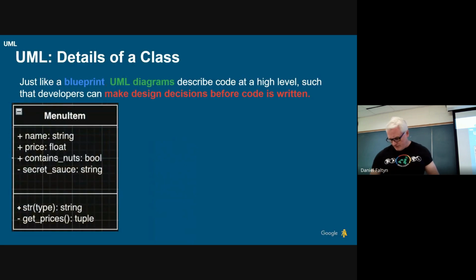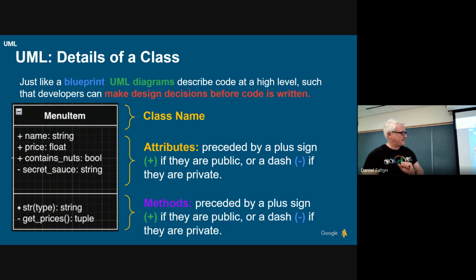All right, so as a recap, we talked about this thing called UML, which is how we write the blueprints for our application, for our code. And it was pretty simple. We have these boxes where we put the class name, then we put our attributes, and then we put our methods. Really, the only thing to remember: for attributes that are public, we say plus. For attributes that are private, we put a minus sign.